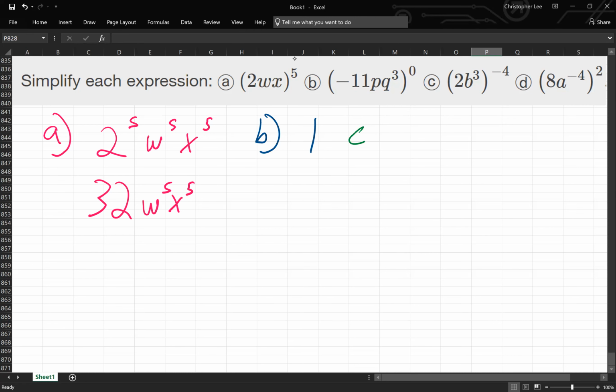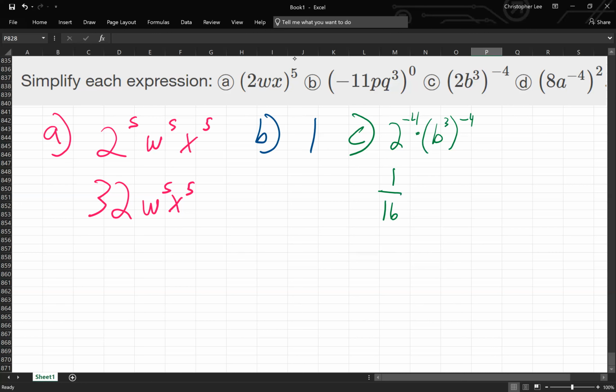So look at C, right? Once again, everybody gets the power. So this becomes 2 to the negative 4 times b to the 3rd raised to the negative 4 power. And 2 to the negative 4 is 1 over 16.